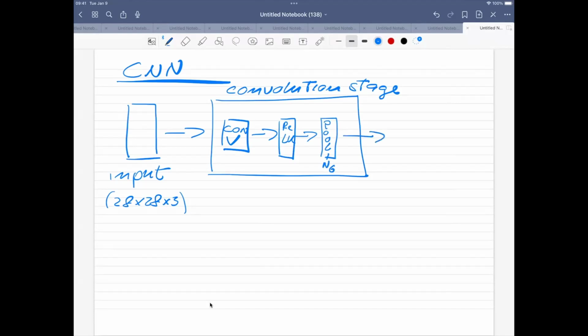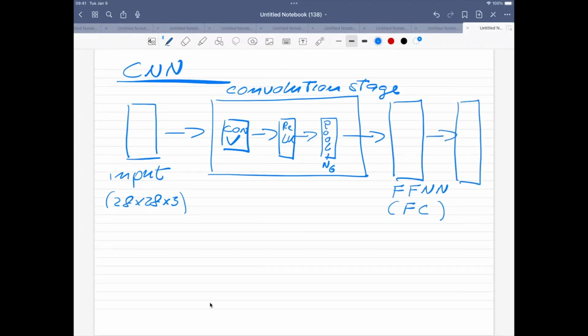And then what we would typically do now is to feed this into a fully connected neural network. So this is an FFN, which you will also write as an FC for fully connected. And this is then fed to the final output. So what you have now as parameters, which you would train by backpropagation, are the following.